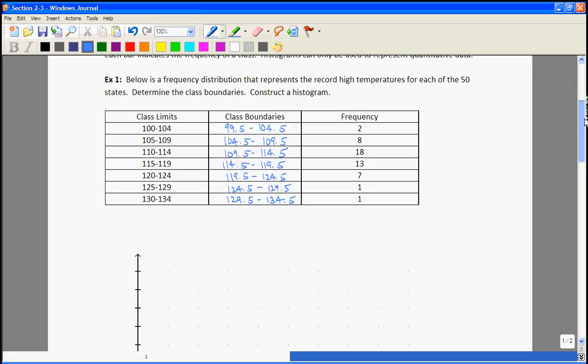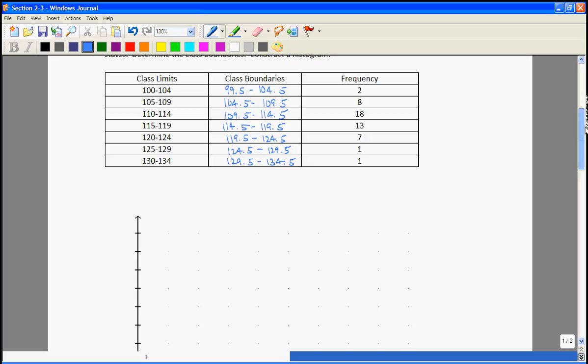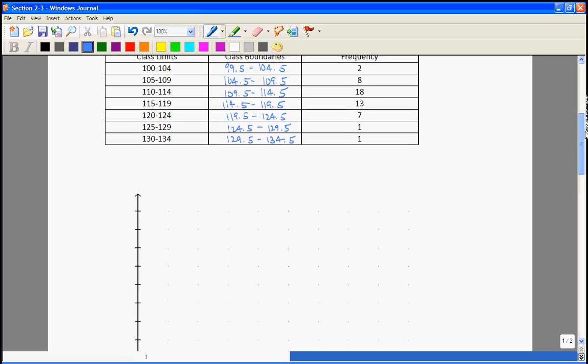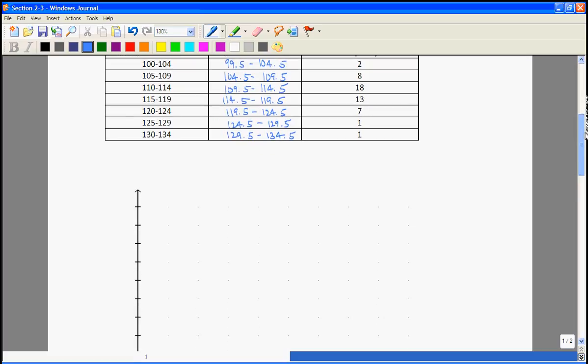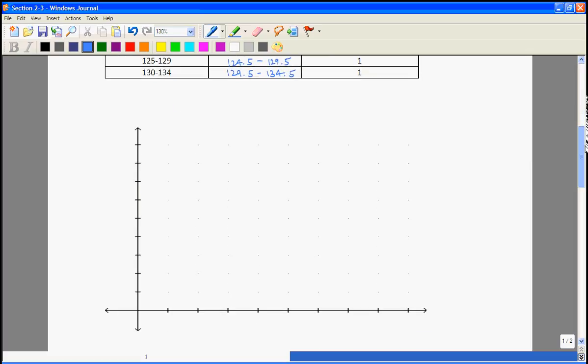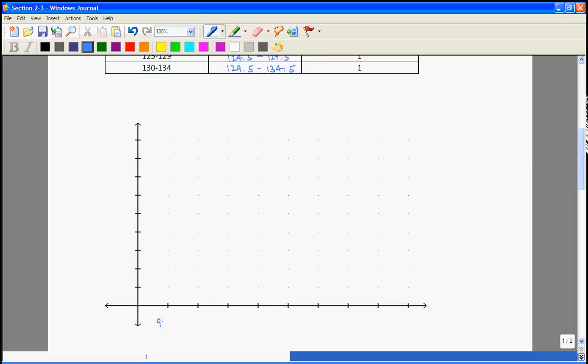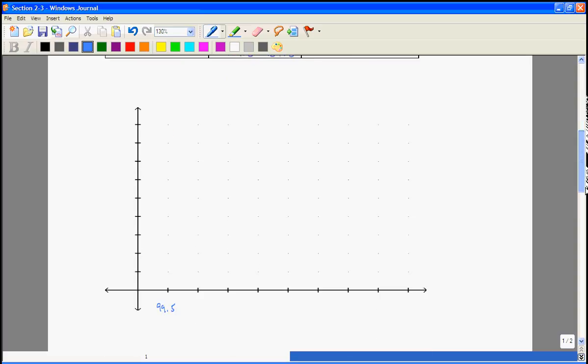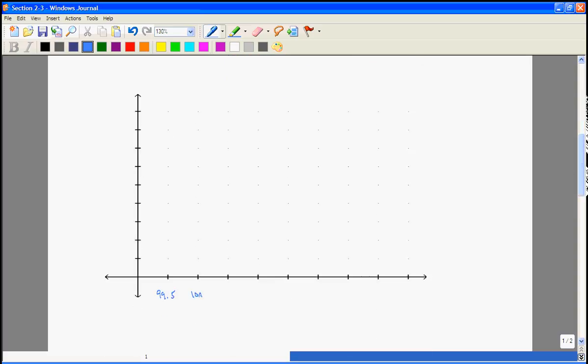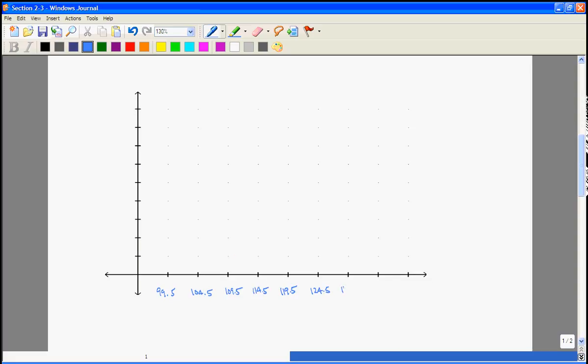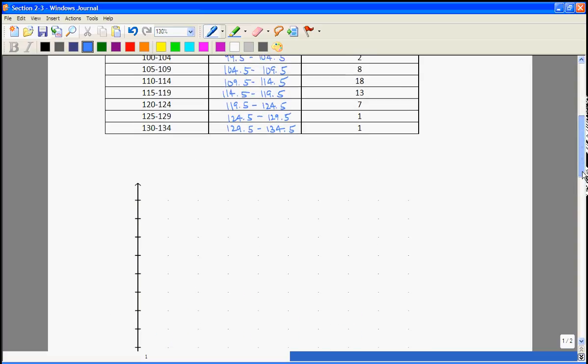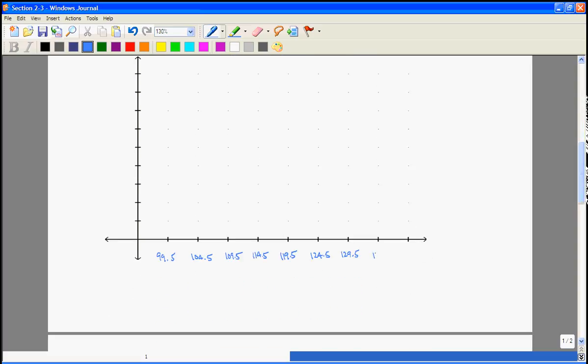134.5. Now when we go to construct a histogram, on our horizontal axis we'll put the temperatures, and we'll use the class boundaries at each tick mark. So 99.5, 104.5, and so on, 129.5, and we also need the ending class boundary, 134.5.